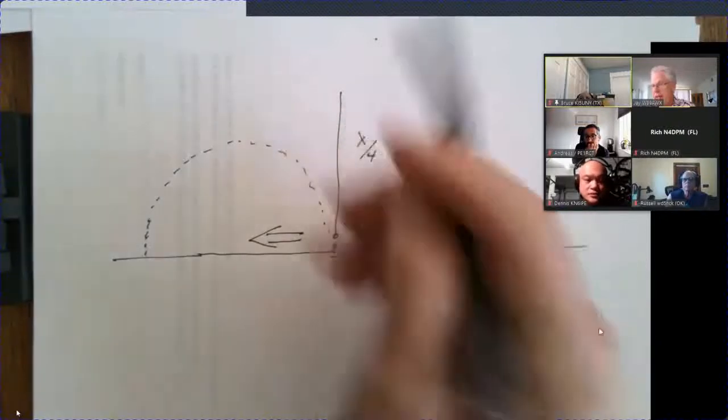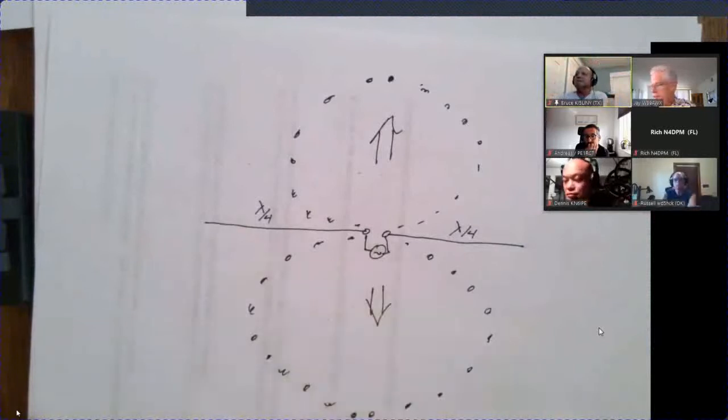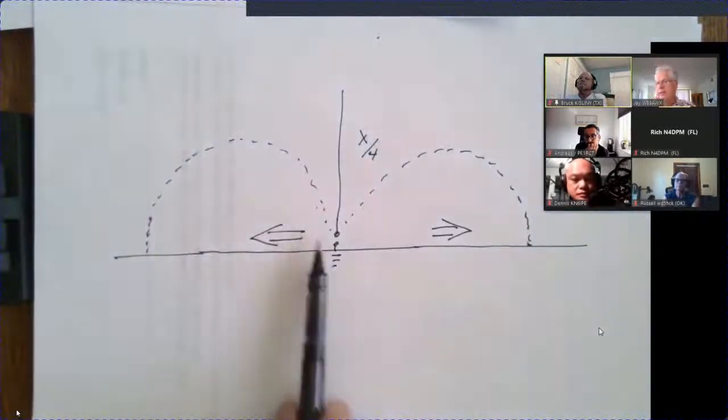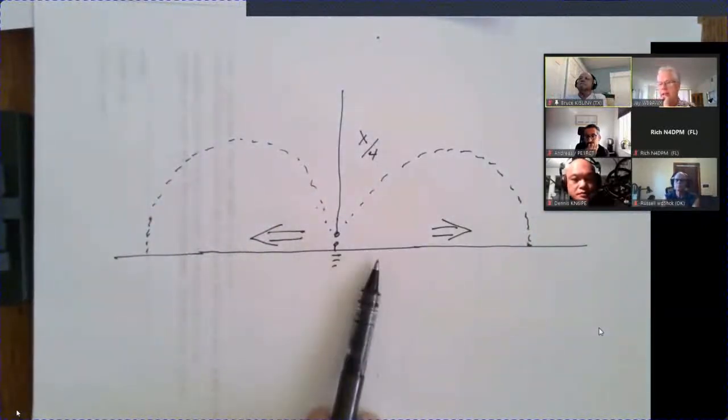You only have half the wire that you do here. Okay, so for the same current, you are putting out less power. Remember that. For the same current, you're putting out less power.